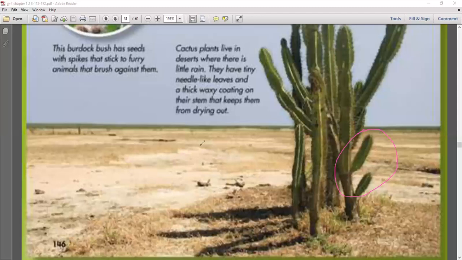It has adapted to this with a waxy coating on its stem. This can help the plant to conserve the water inside the plant.